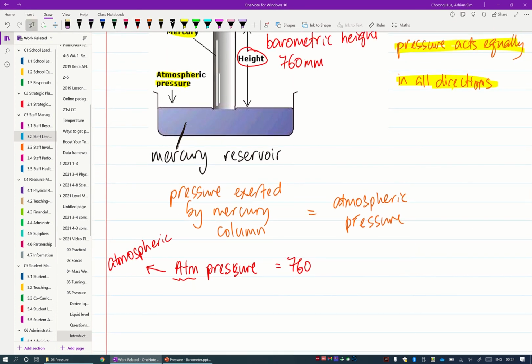Now, sometimes we just want to read out the readings. We don't really want to go into intensive calculation. We just take 760 mm. That's the height of the barometer. And we add one more thing behind, Hg. Hg is the chemical symbol for mercury. So when we write 760 mmHg, we are actually telling people this vertical height is measured using mercury.